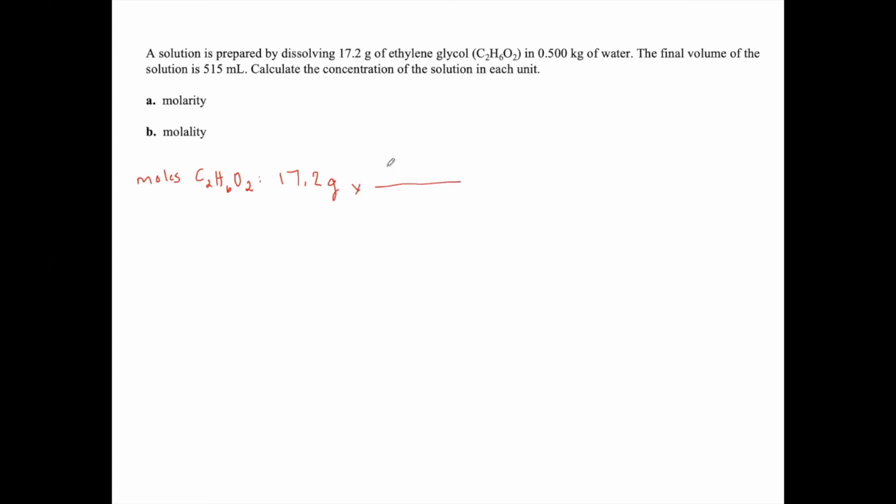And based on the periodic table and adding up the individual molar masses of all the elements in the formula, 1 mole of ethylene glycol is about 62 grams. So now we're left with 0.2771 moles of ethylene glycol.